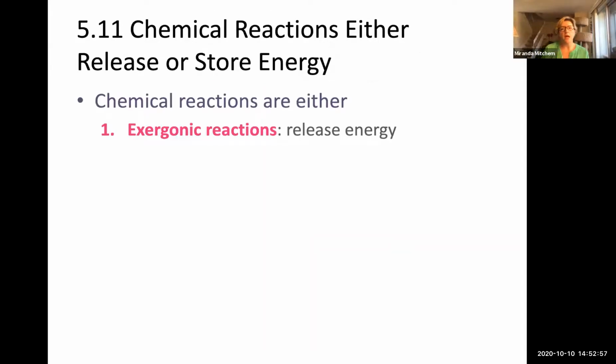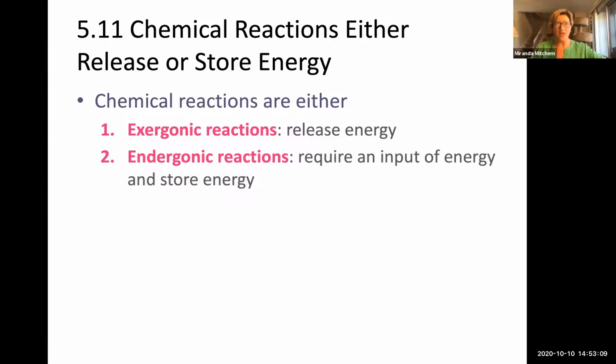So chemical reactions can be grouped a number of different ways, but we're going to look at grouping them by energy. So the exergonic reaction releases energy where the endergonic requires. Same prefixes, exer to exit or export, ender within or to bring in. So some of our reactions need energy in order for them to happen.